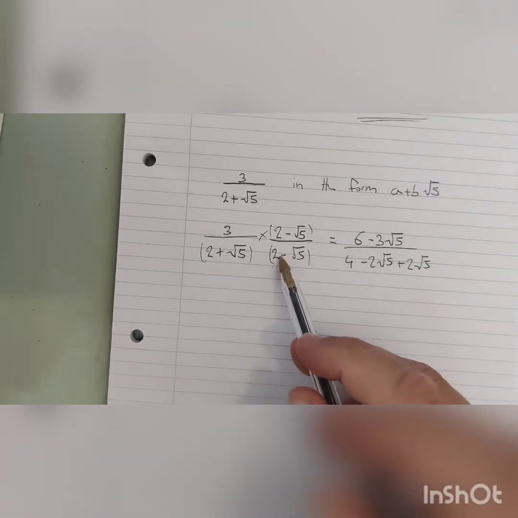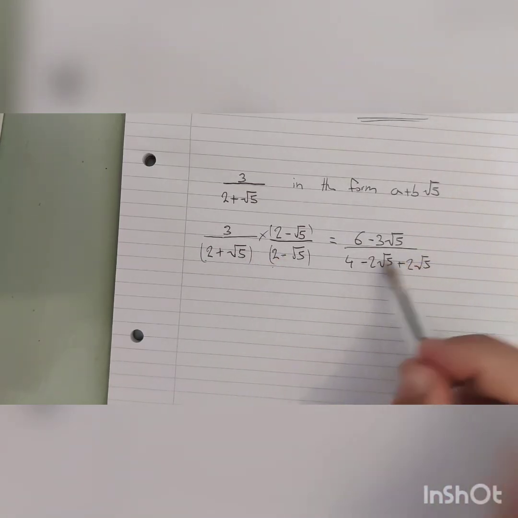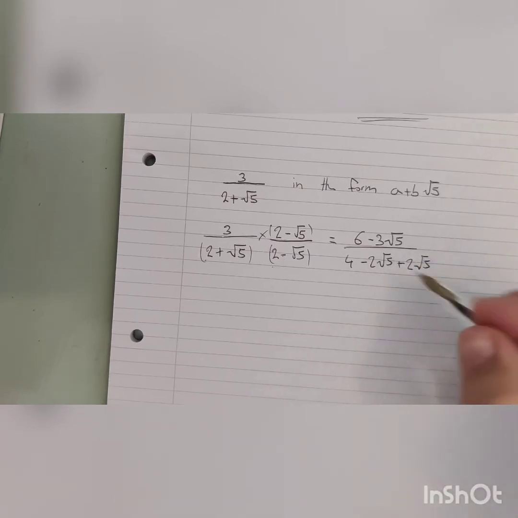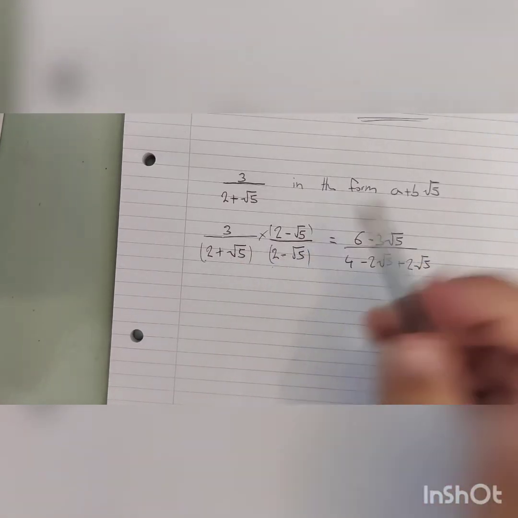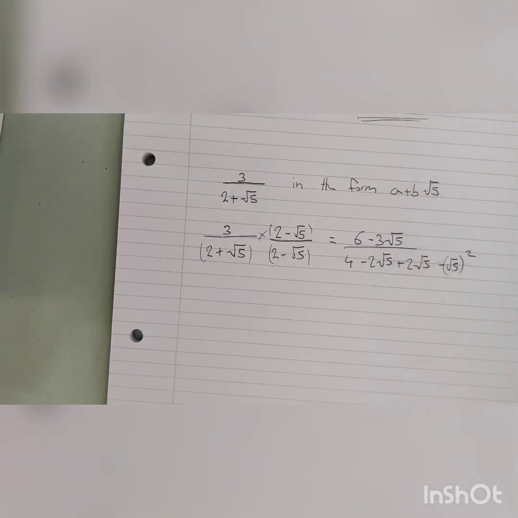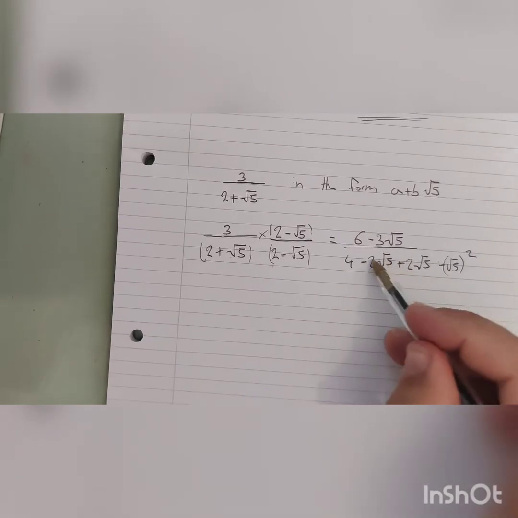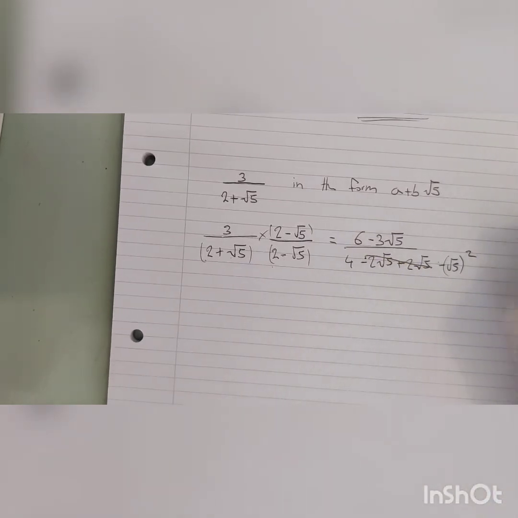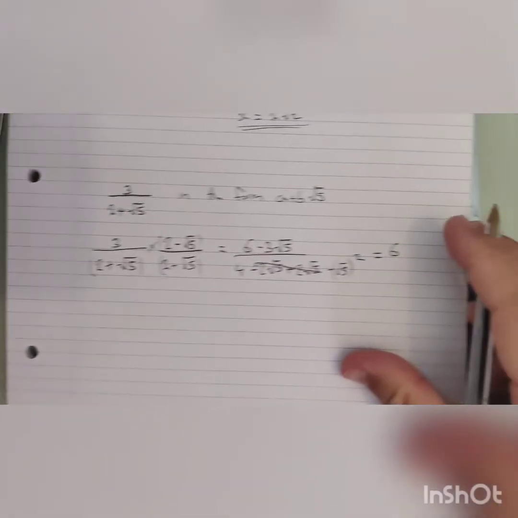So you can see that if that wasn't a negative, these two wouldn't cancel out quite how they have. And then you've just got the root 5 times the root 5, which is basically minus root 5 squared. So what we can do is cross out these straight away and simplify it down a bit.